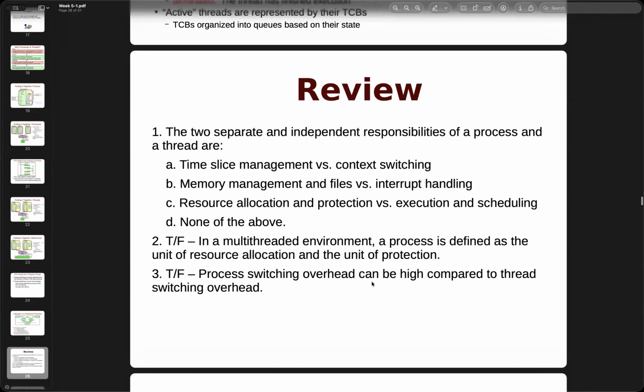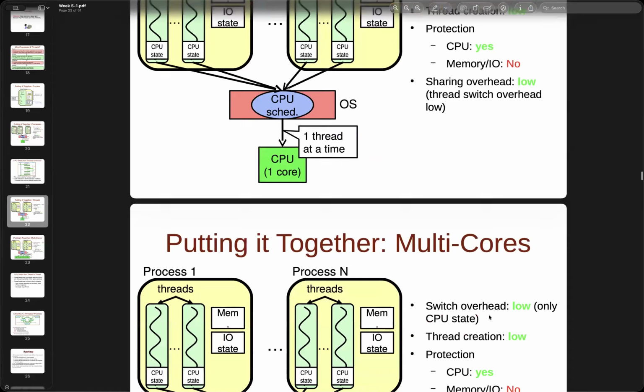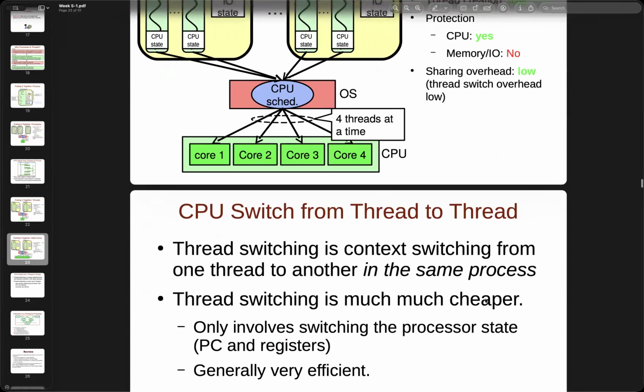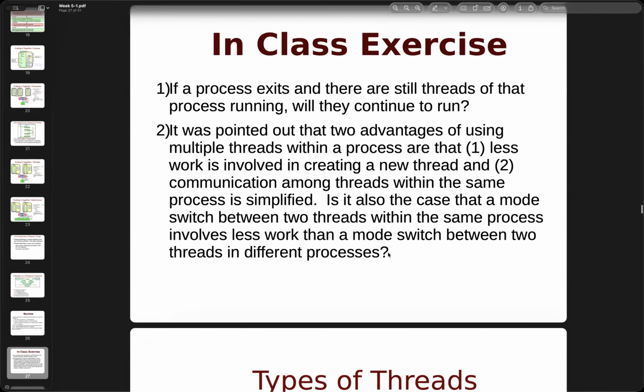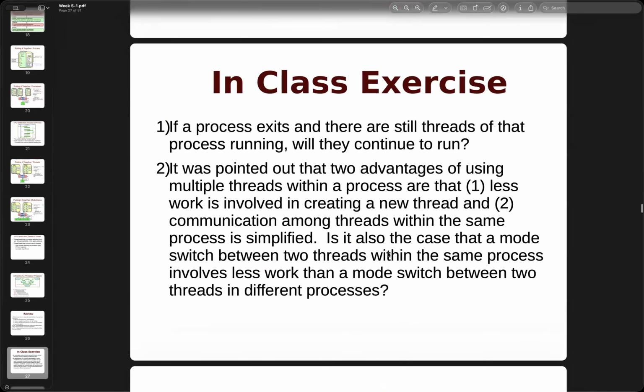Process switching overhead can be high compared to threads. Is that because of the graph you remember right here, the switch overhead? There are still more questions, and if you're interested you can take a look at them.